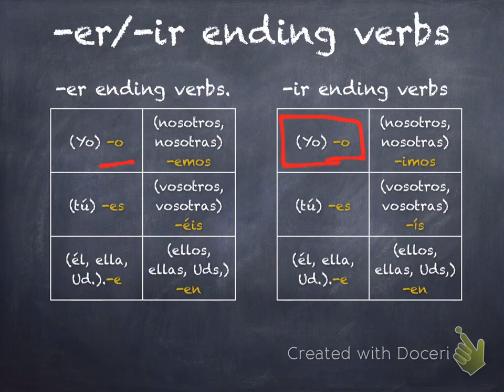So this one's kind of the easiest one to remember because yo ends in o and the ending will always be o. Then for ER, you have es, e, emos, éis, en. For IR, notice, these are almost exactly identical. You have o, es, e, here it changes, imos, ís, en.